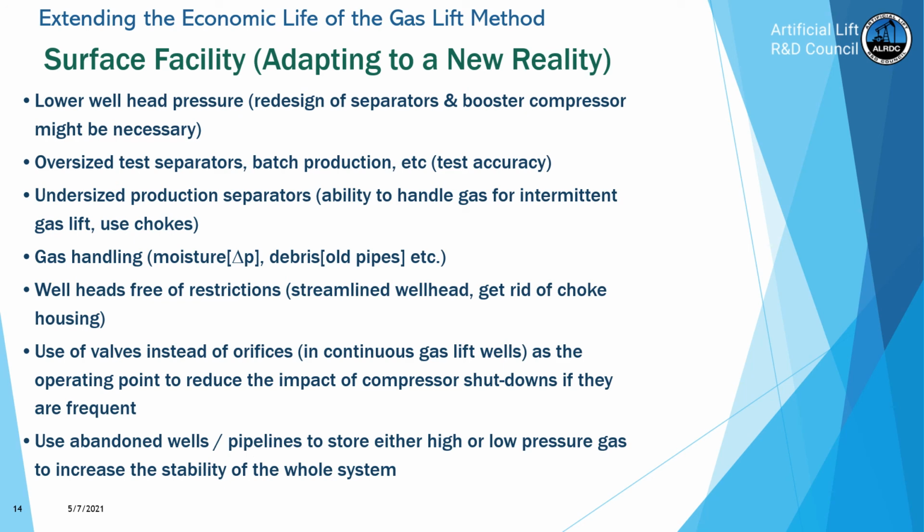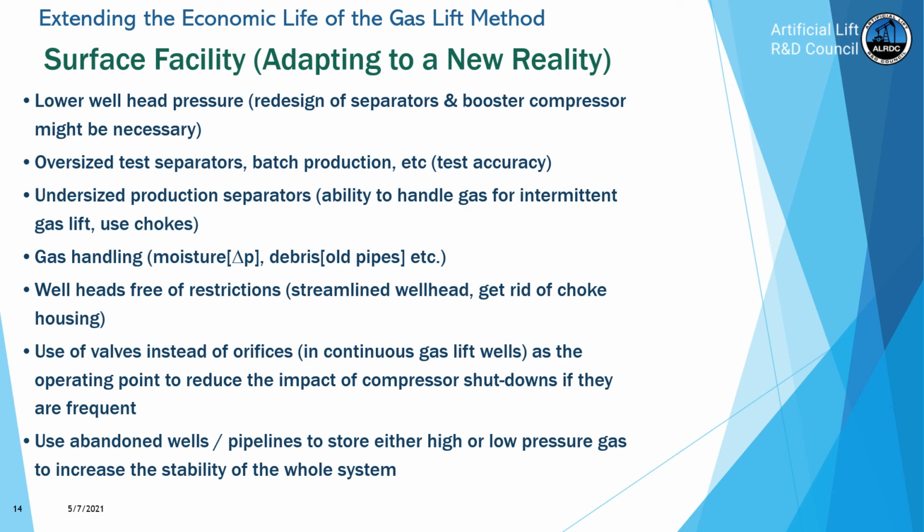creating a problem. Remember that a 20 barrels a day well, every time the liquid slug reaches the surface at about 1,000 feet per minute, is like having an 8,000 barrels per day well at that moment.